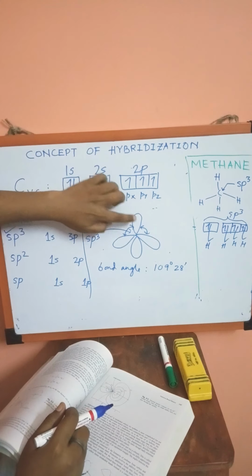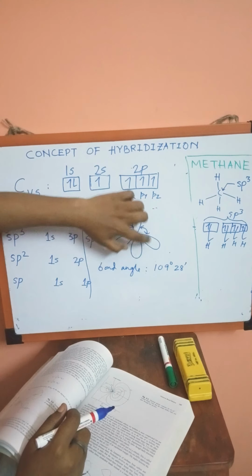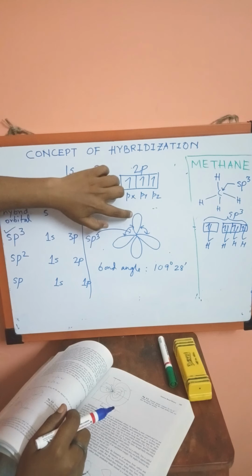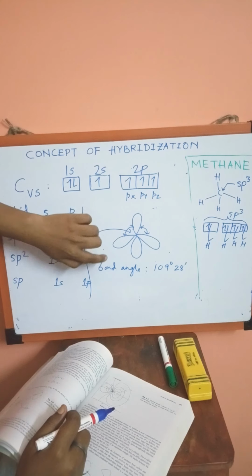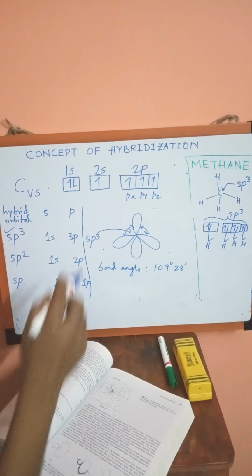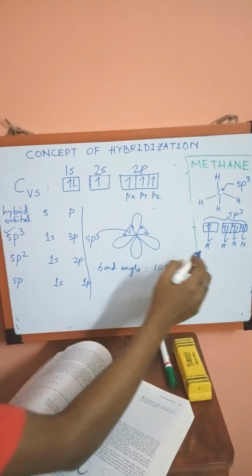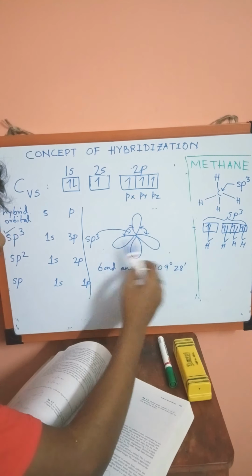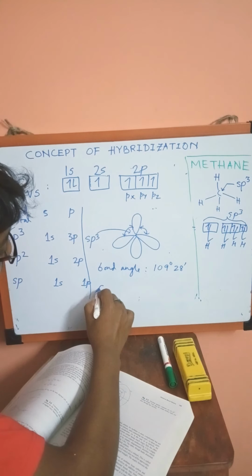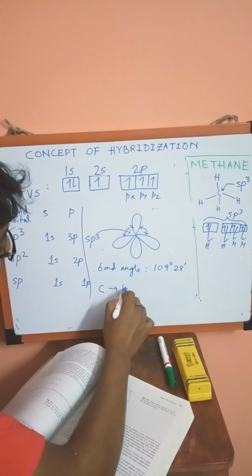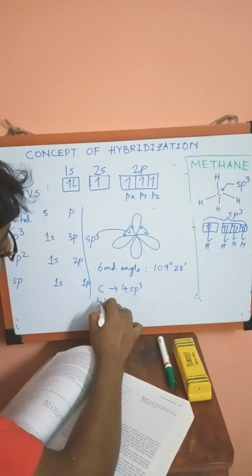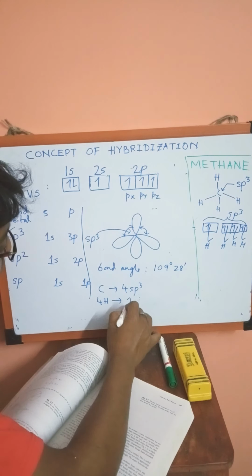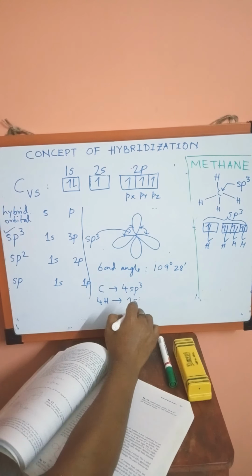Now with these 4 hybrid orbitals of the carbon, 4 hydrogen atoms will come with 1 electron each. And remember one thing, carbon has 4 sp3 orbitals, and 4 hydrogens will supply 1s orbitals.